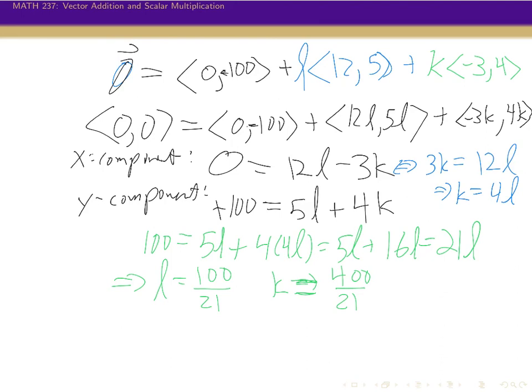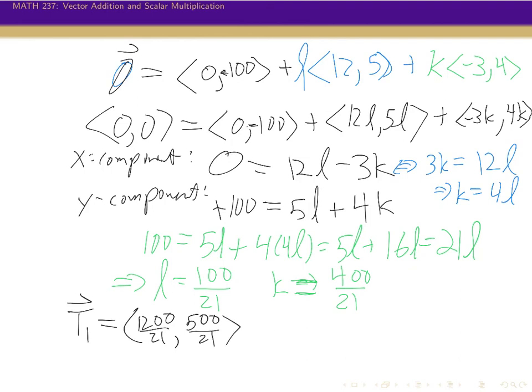Okay. So then that means that T1 is 100 over 21 times (12, 5). So that would be (1200 over 21, 500 over 21).